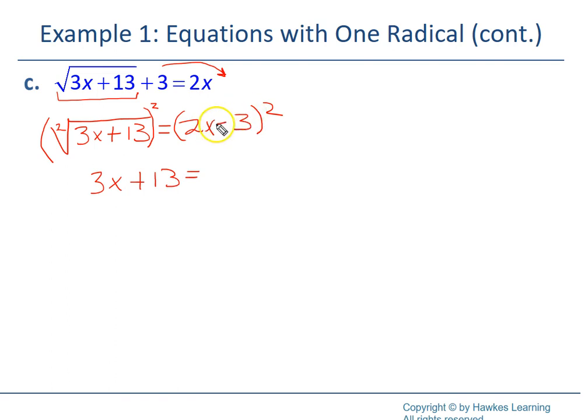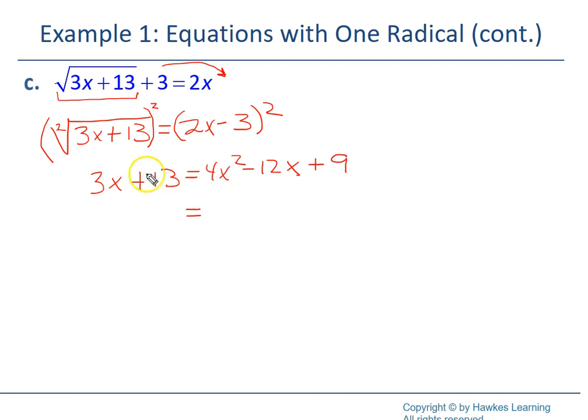Now I'm going to use that special technique of squaring a binomial. We square this, this becomes 4x squared. We multiply these two together, get 6x, negative 6x, double it, negative 12x, and then we square a negative 3. Negative 3 times negative 3 is positive 9.